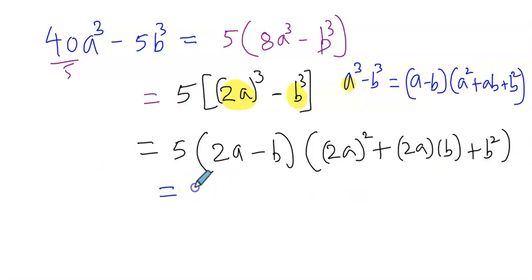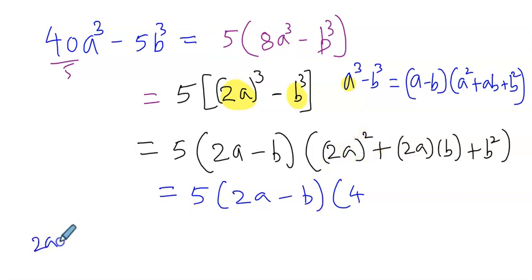Further, I'll simplify it as 5 times 2A minus B times 2A square. 2A times 2A, right? 2A square means 2A times 2A, 2 times 2, 4, A times A square, 4A square. Other way of looking at that as 2 square times A square.